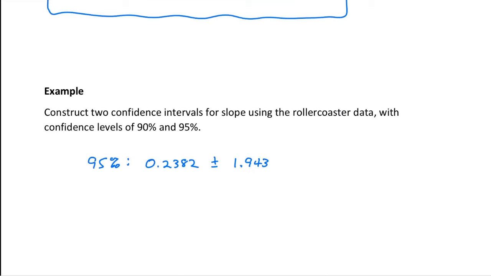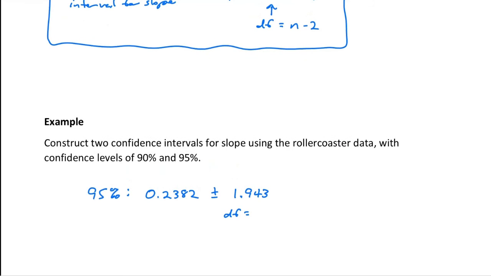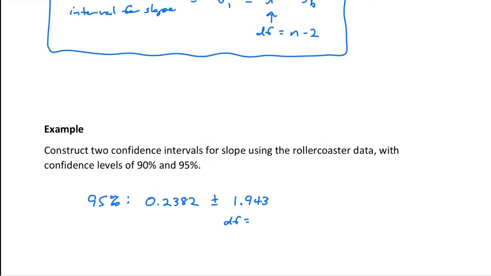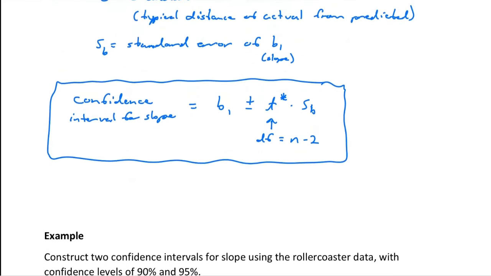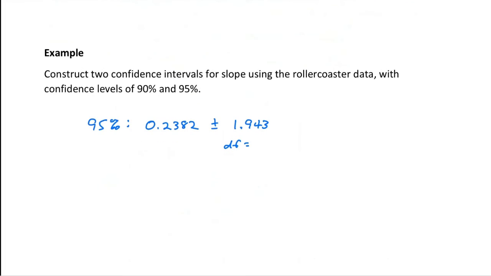Again, in this case, DF, we had 8 roller coasters, I believe was the total number we had. So our DF is going to be 6. And then times the standard error of 0.0148.